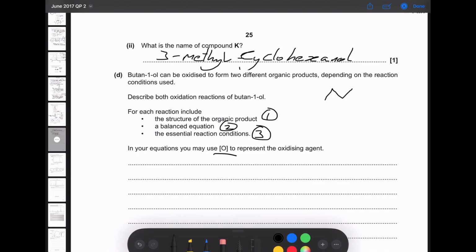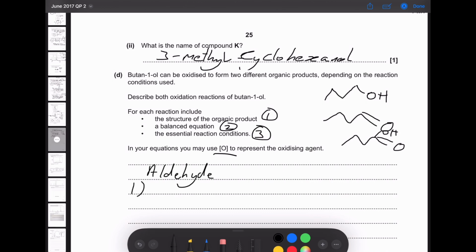So butanol looks like this, and we know that this is a primary alcohol because the carbon that the OH group is on is only bonded to one other carbon. So what do we know about primary alcohols? Well, when you oxidize them, they can either form an aldehyde or they can form a carboxylic acid. So let's start with the aldehyde.